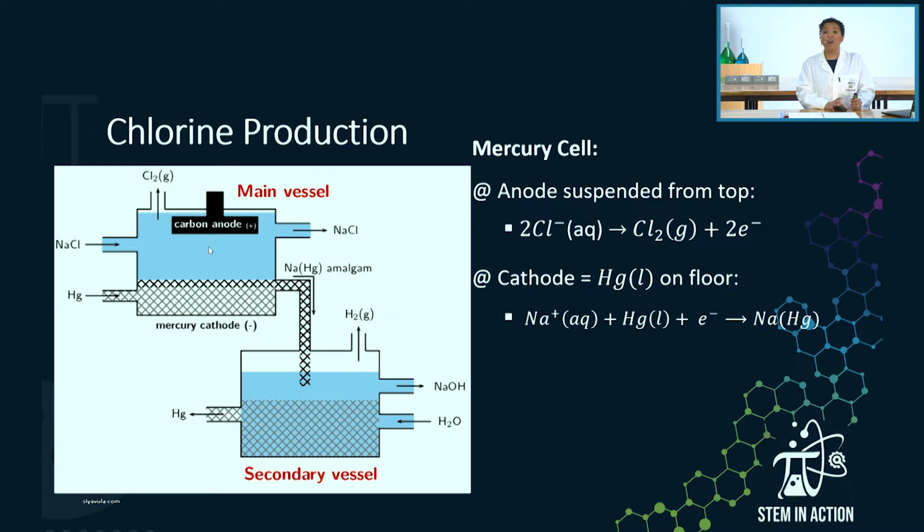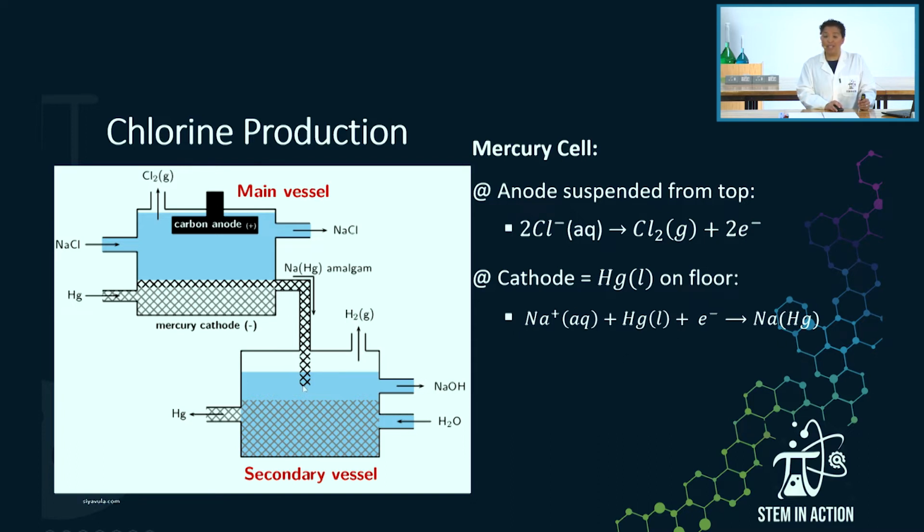The sodium chloride obviously dissociates into sodium plus ions and chloride ions. And we need to know what happens to each of those ions. Very easy. The chloride ions, they get oxidized at the anode, and chlorine gas is released. The sodium ions, they get reduced, or they react with the mercury and form a sodium-mercury amalgam.